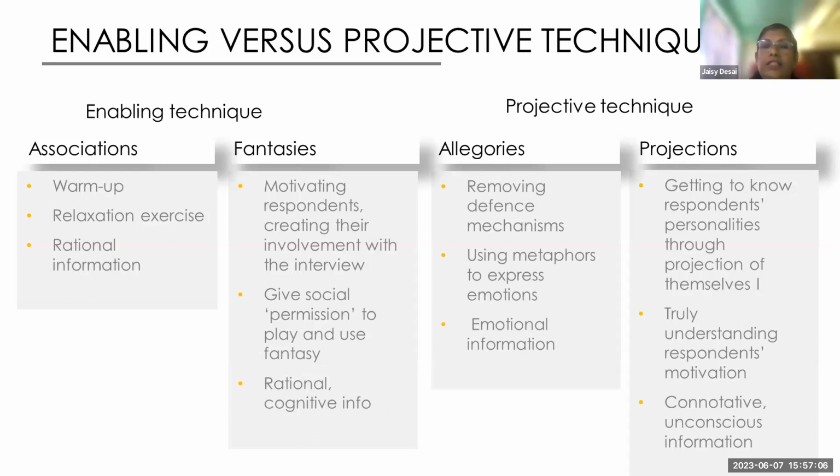Then allegories, where you're using metaphors to express emotions. Not all of us are so skilled that we speak using metaphors, so it's important to introduce metaphors like as thin as ice, or as cold as snow, which are very simple metaphors.